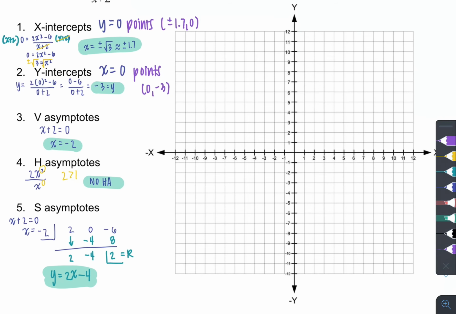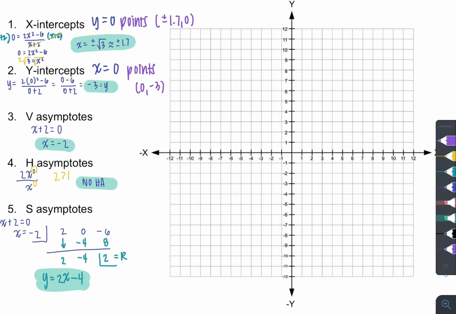Just a reminder there. So let's go ahead and graph those. 1.70 is about right there, and negative 1.70 is about right there. And then we're going to graph the point 0, negative 3. So those are our intercepts.